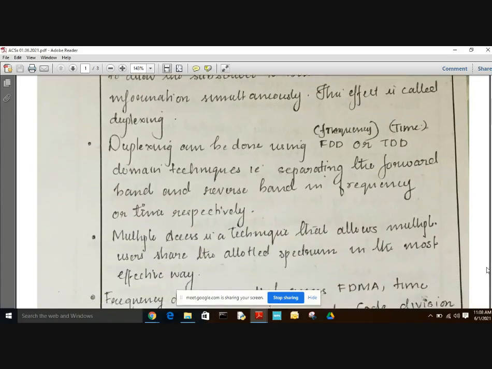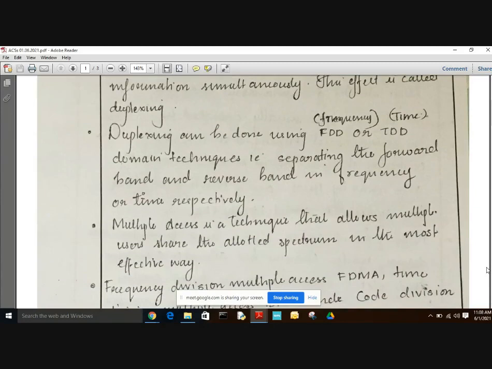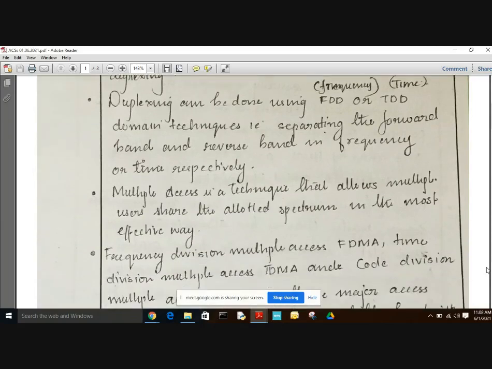Now, multiple access is a technique that allows multiple users to share the allotted spectrum in the most effective way. So there will be an allotted spectrum or allotted channel for communication, and by effectively using this allotted spectrum, multiple users can share it.